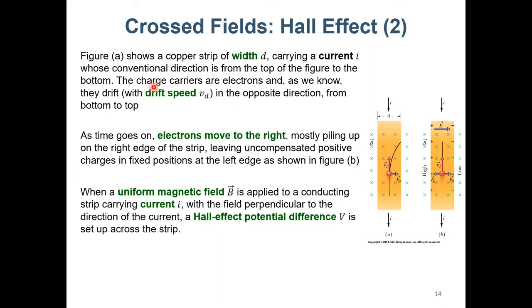The charge carriers are electrons, and as we know, they drift in the opposite direction, from the bottom to top. So as time goes on, electrons move to the right, mostly piling up on the right edge of the strip, leaving uncompensated positive charge in fixed position at the left edge, as shown in Figure B.